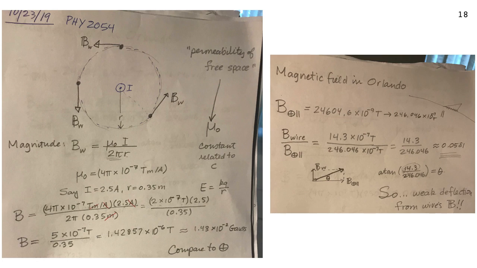So I'm going to put a dot up here at 12 o'clock on my circle. Up there, counterclockwise means to the left. So I'll call that B, magnetic field B, subscript W for B of the wire.